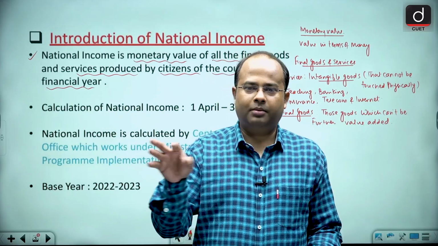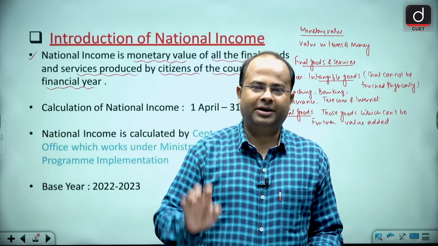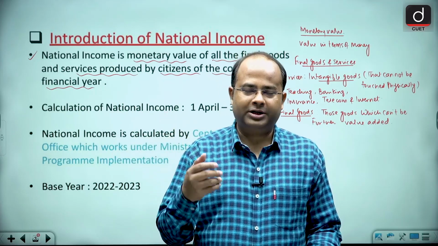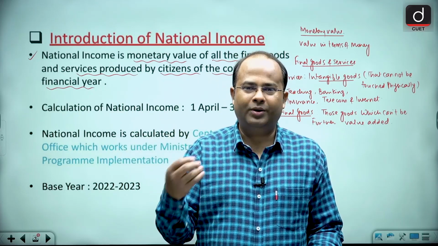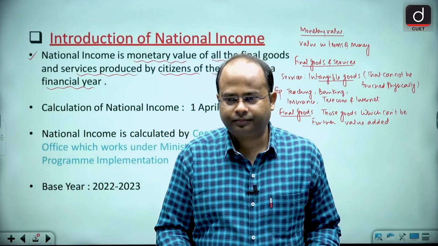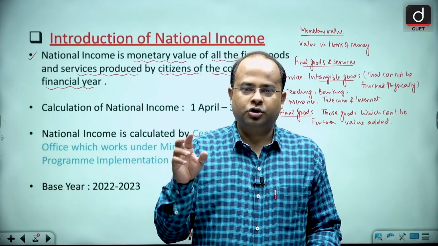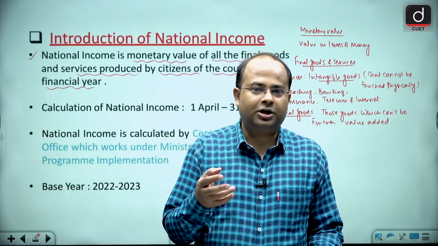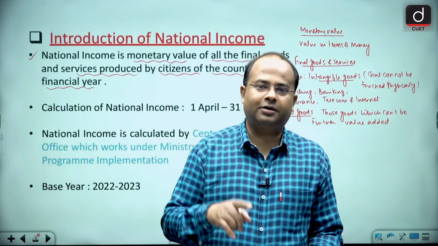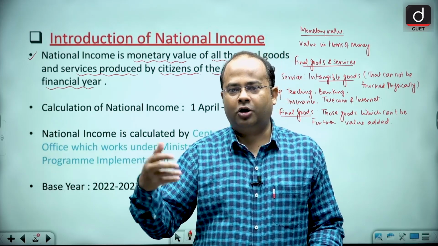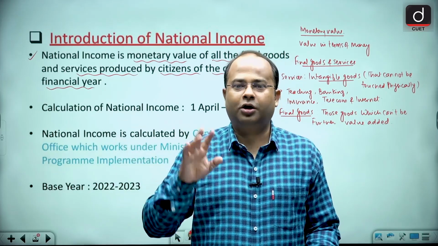I am not talking about garnishing and adding something extra. What I wish to say is, if you want to value add to biryani, can you? But you can value add to the rice. So my dear learners, final goods are those goods which cannot be further value added. That means you cannot make something else out of that thing.